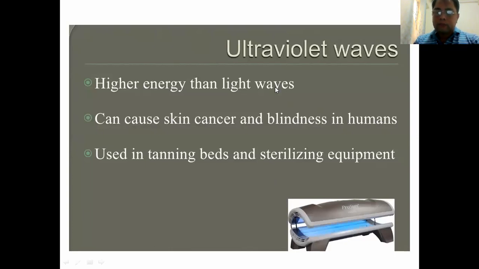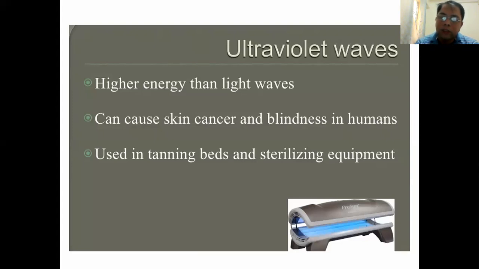Next, we have violet waves, and here is a tanning equipment. Maybe we Filipinos do not really tan ourselves because most of us would rather not have a fair complexion. If we are darker in complexion, we drink a lot of medications just to make ourselves fairer.